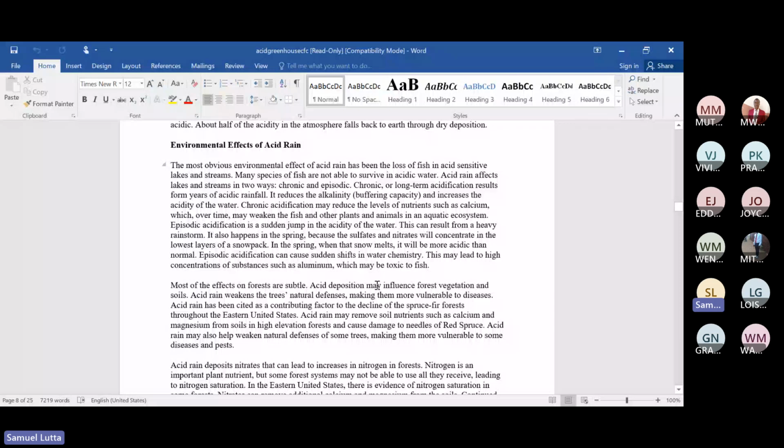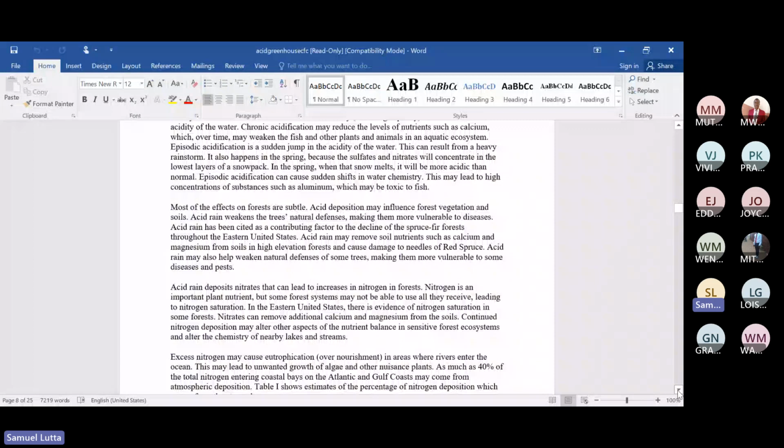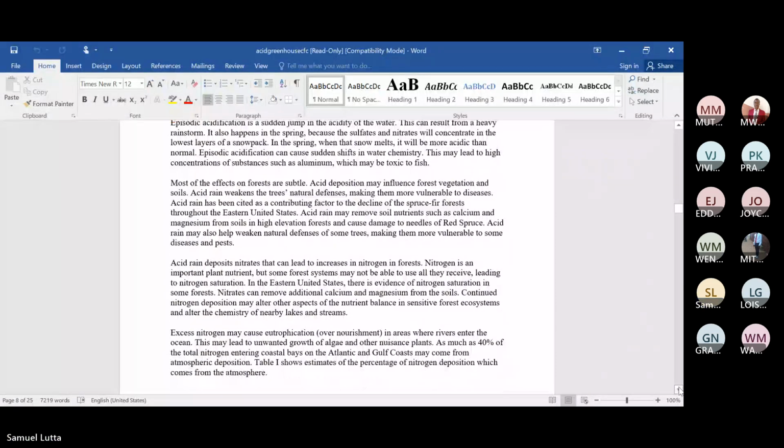Too much of the acid also will increase the uptake of aluminium, and aluminium has been known to retard the growth of plants. So I think I'm just brushing through this just to see the effect of these acid rains.